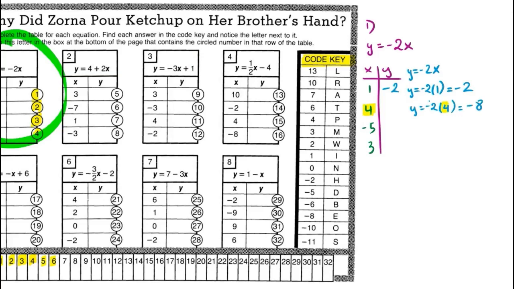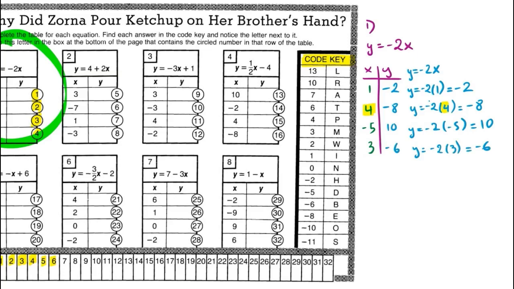Negative 2 times 4 is negative 8, so put in negative 8. Then same thing for negative 5. Negative 2 times negative 5 will give you positive 10. And y equals negative 2 times 3, that is negative 6.